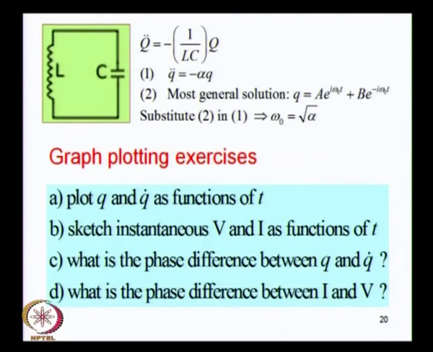Now, I will suggest some exercises over here. We have already discussed this electrical circuit, we have already got the general solution, and I suggest that you actually plot on a piece of graph paper the position and velocity as functions of time, also plot instantaneous voltage and instantaneous current as functions of time, find out what is the phase difference between position and velocity, and likewise what is the phase difference between current and voltage.